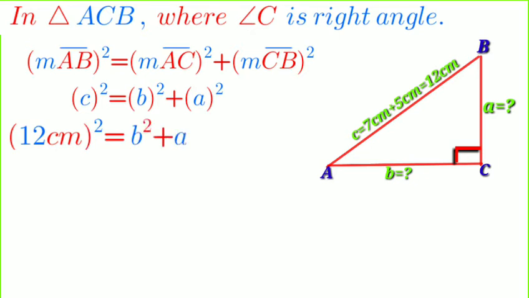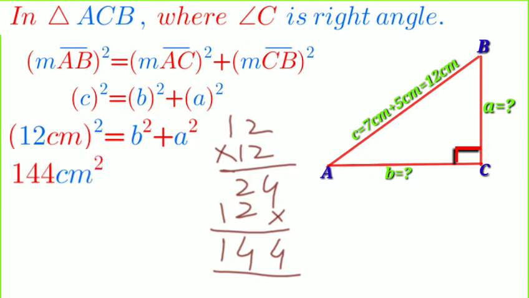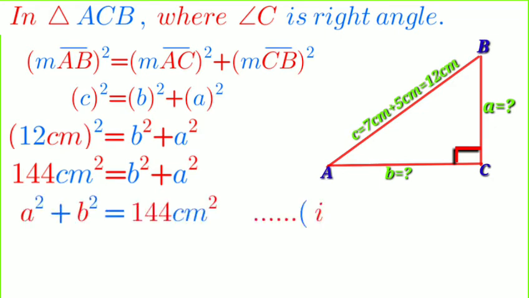So putting the value of C, which is 12 centimeters, the square of 12 centimeters is 144 square centimeters. So equation 1 becomes A square plus B square is equal to 144 square centimeters.